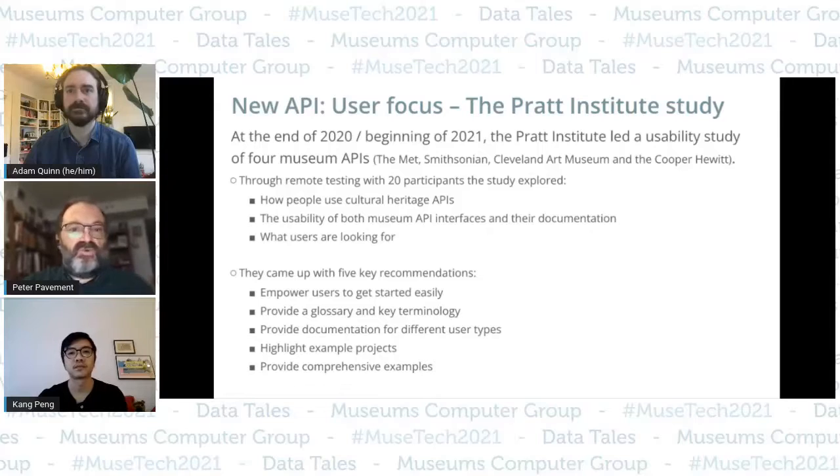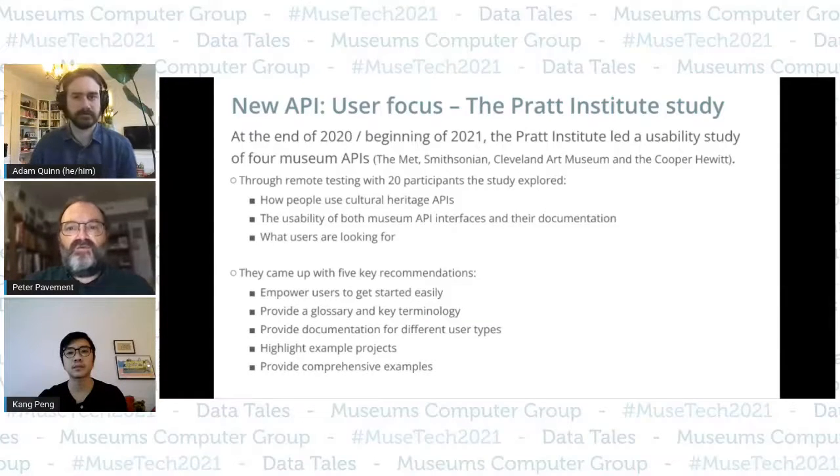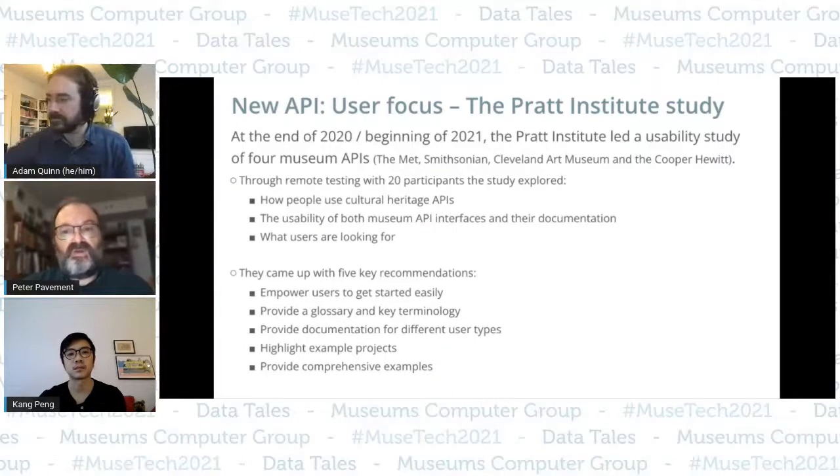And something that really has gone a long way to inform this project is a study undertaken by the Pratt Institute at the end of 2020, looking at working with users to look at 4 museum APIs, so at the Met, the Smithsonian, Cleveland Art Museum, and Cooper Hewitt.